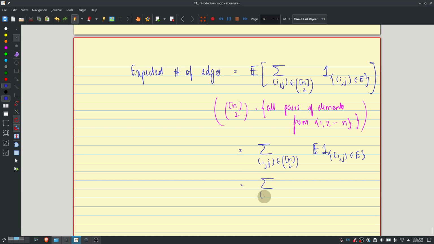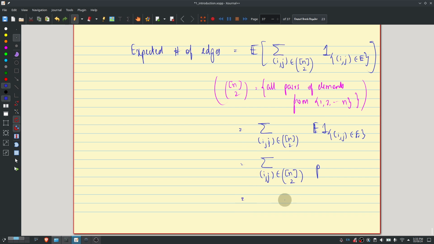P. So I can take the P outside and I just get a 1. How many terms am I summing over? n choose 2 in general. So that is just equal to n choose 2 times P. So the expectation is just equal to P times n choose 2.